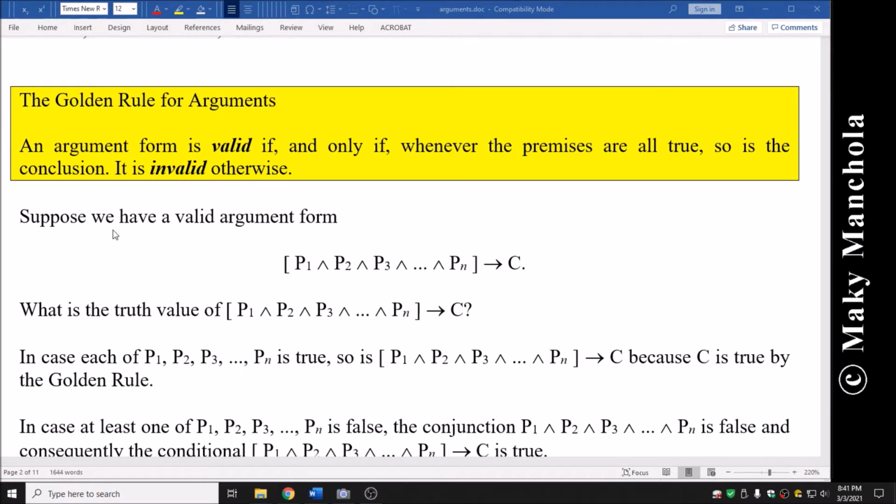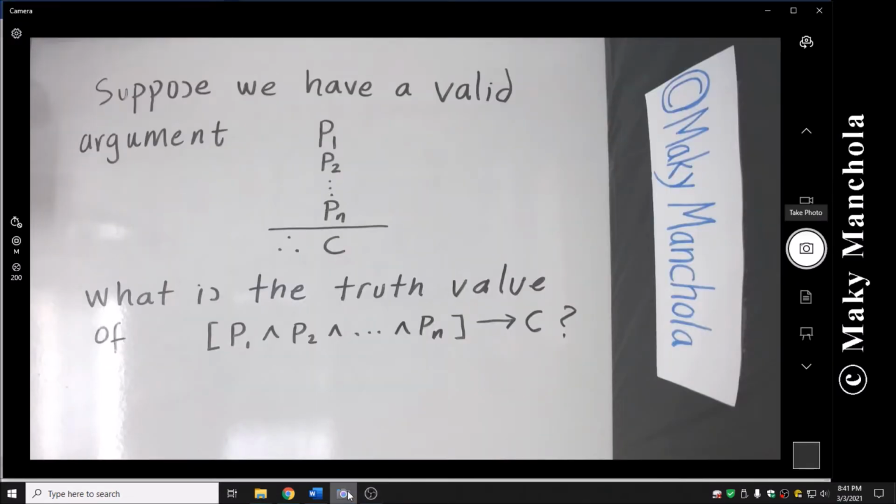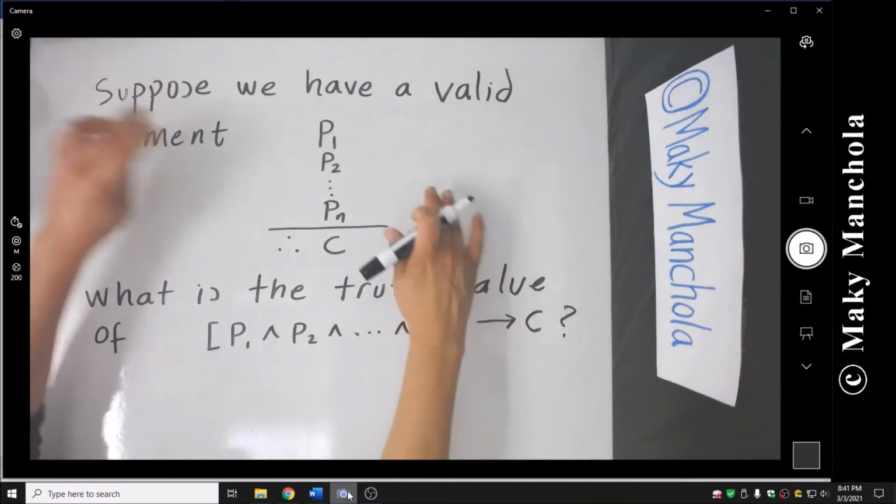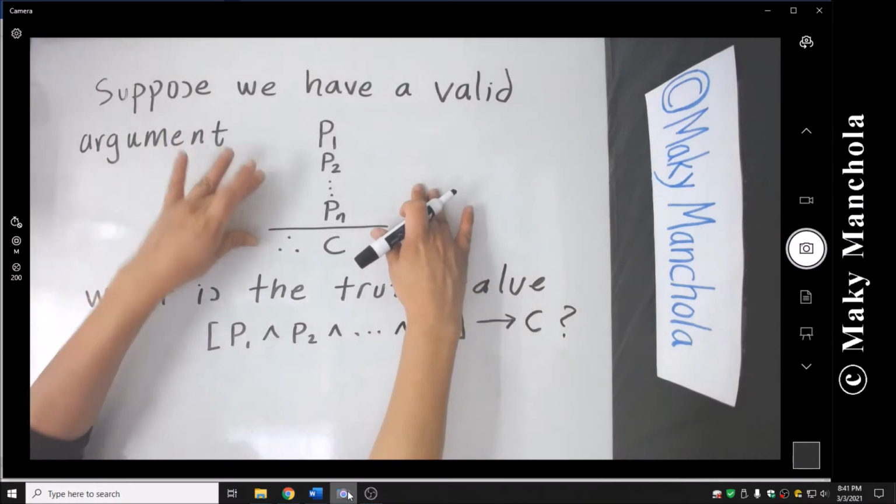Here is a question. Suppose we have a valid argument form. Conjunction of the premises implies conclusion. What is the truth value of that conjunction of the premises implies conclusion? Let's look at that right now. So we are supposing that we have a valid argument.